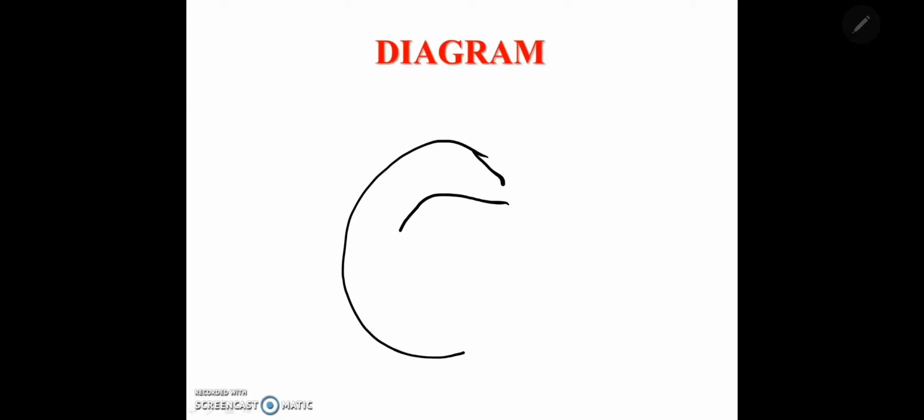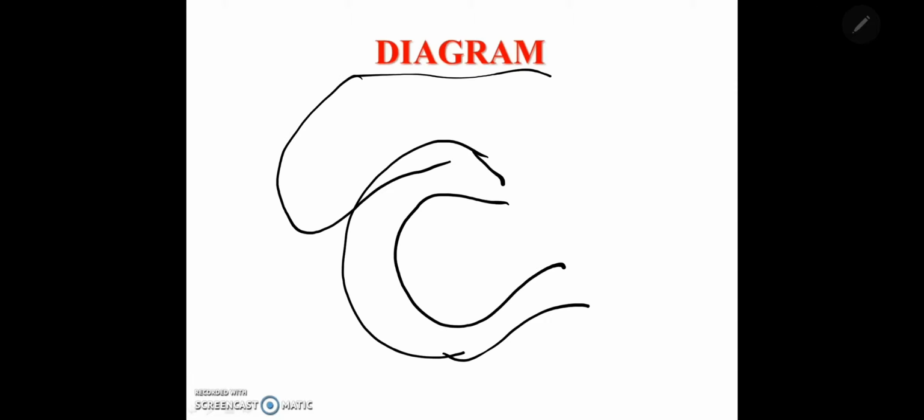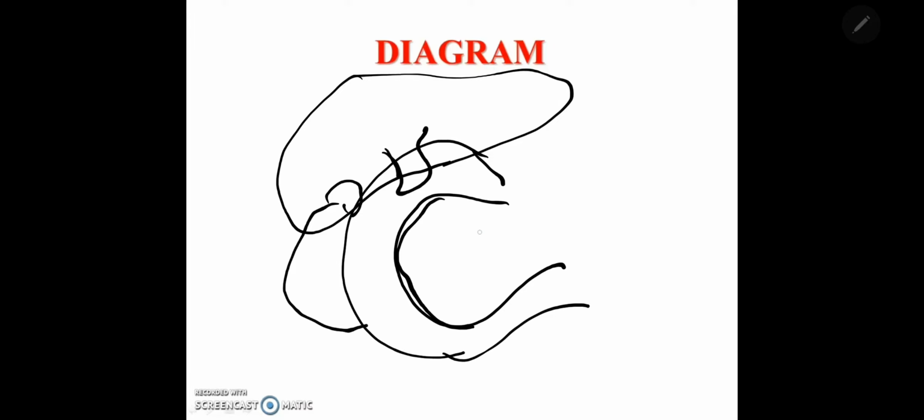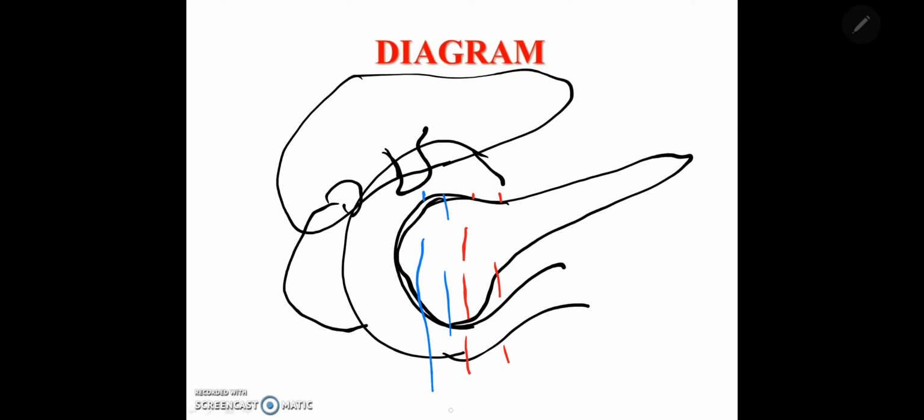So this is the duodenum. Here you will see the part of the liver, and underneath that you will see gallbladder. Here you will see right kidney, right suprarenal gland behind. Here you will see the pancreas, and behind that you will see the abdominal aorta and also inferior vena cava.